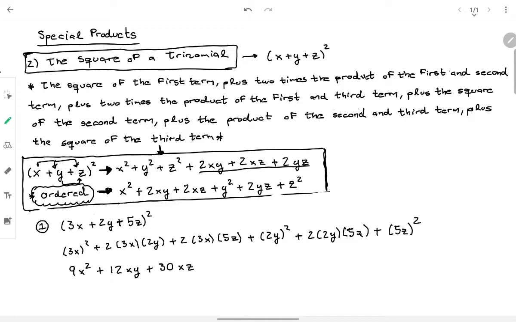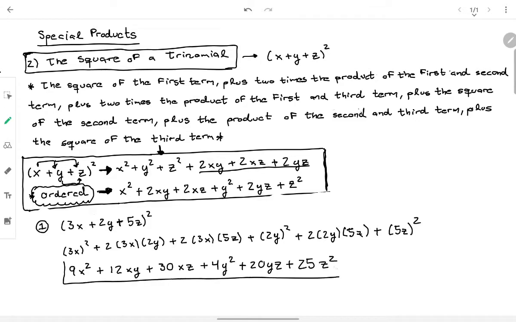Then it will be 4y squared plus 20yz plus 25z squared. And this is going to be our final and ordered answer.